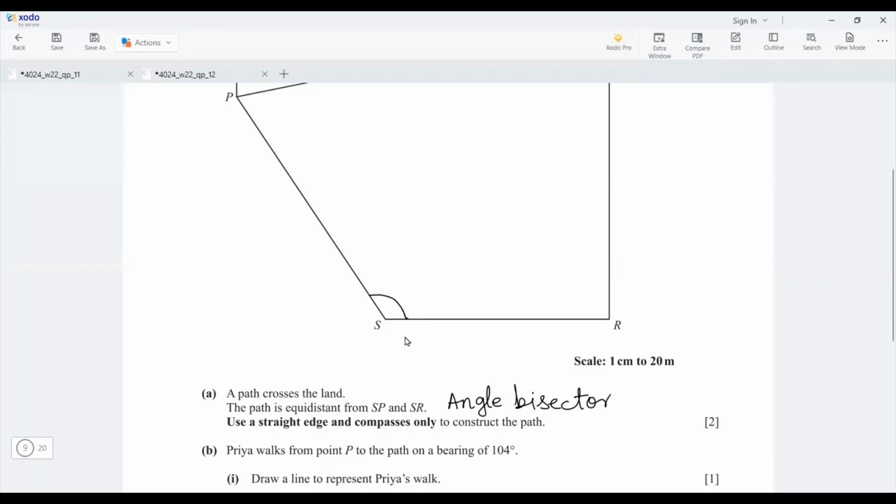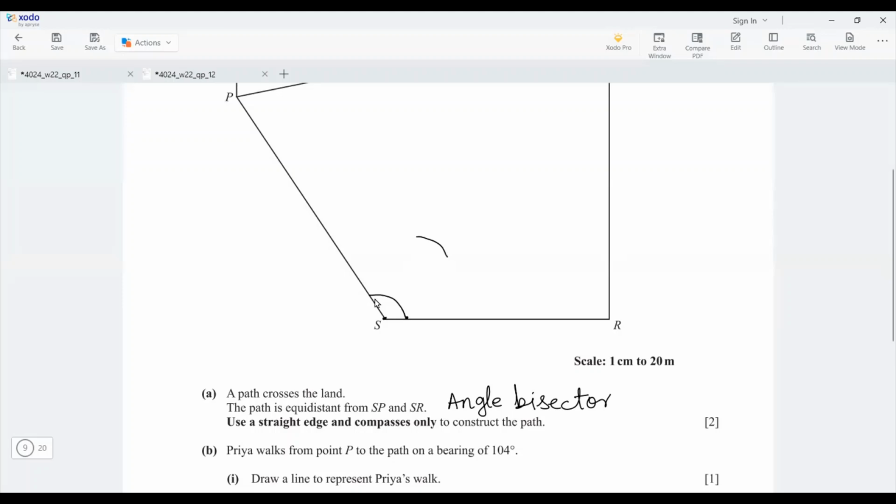How do we draw an angle bisector? Put your compass on point S and draw an arc like this. And then put your compass here and open it to any length, it doesn't matter, and make an arc like this.